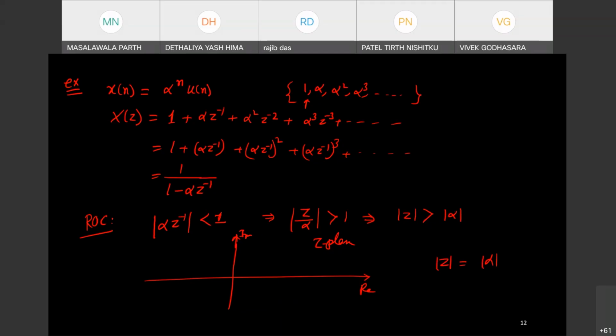So in the complex plane, the magnitude is constant. So what is the locus? Circle, exactly. It will give you a radius. So this is the locus. The magnitude remains constant around the origin. So this radius is your mod alpha.